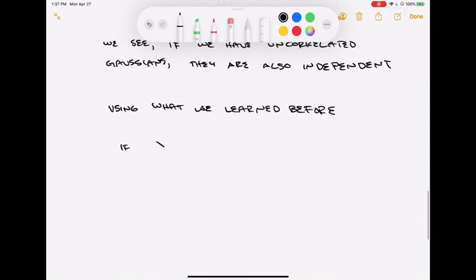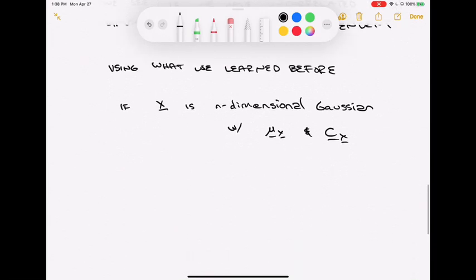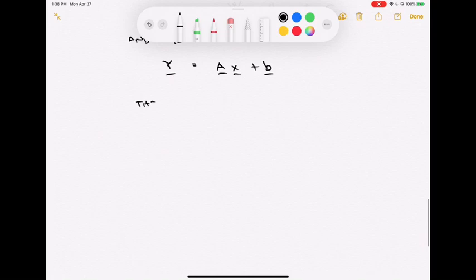If X is an n-dimensional Gaussian, that multivariate Gaussian with a mean vector μx and a covariance matrix Cx, and if we create a new vector y that is equal to some matrix A times x plus that offset b, so a linear transformation on x basically, then we know y is distributed as a Gaussian.